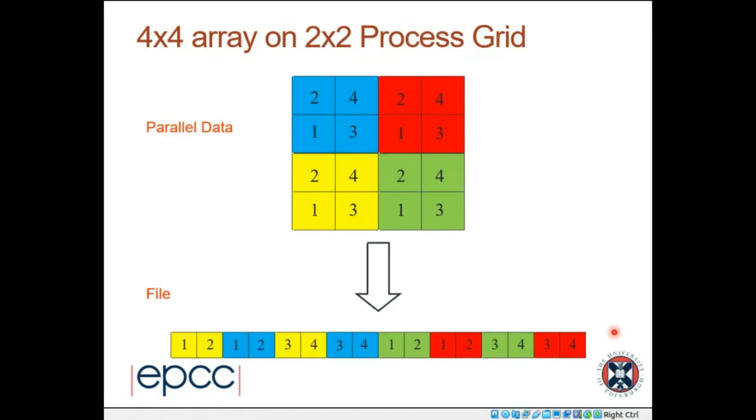Also, no process owns a big contiguous chunk of the file. So if you want to write your data, you're going to have to write, and then skip, and then write, and then lots of skipping, which is slow. And also somebody else might be writing at the same time, and we saw that's a problem. So you have to understand that the mapping from your program data, which is distributed in an MPI program, to the file can be very complicated at the lowest level.